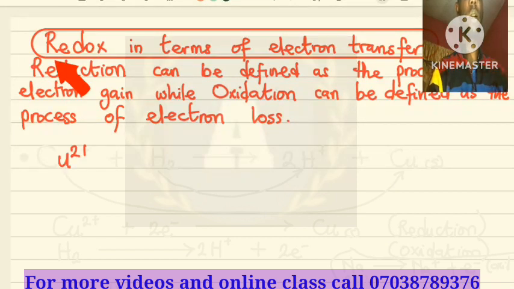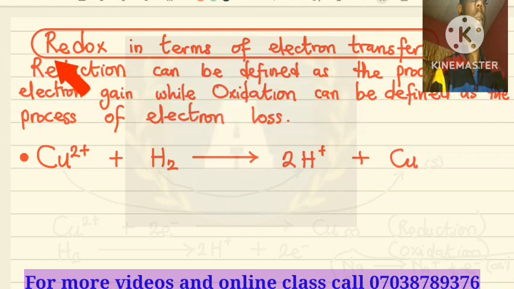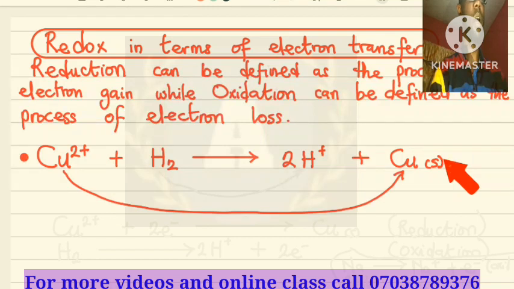Now let's take a look at this reaction. Copper 2 ion reacting with hydrogen gas to yield hydrogen ion and copper. Copper 2 ion has formed copper in that reaction, and hydrogen gas has formed hydrogen ion.